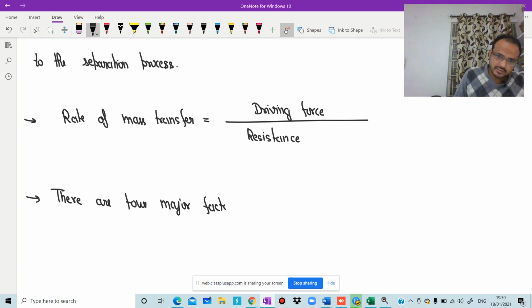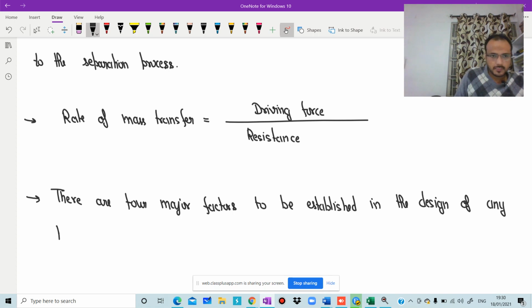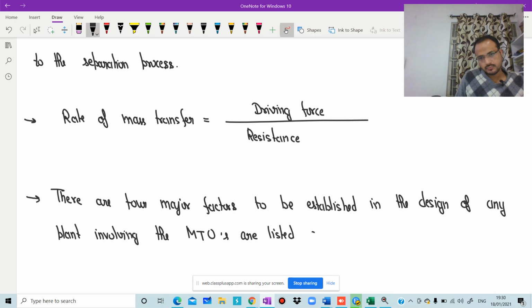There are four major factors to be established in the design of any plant involving the mass transfer operations, listed as follows.